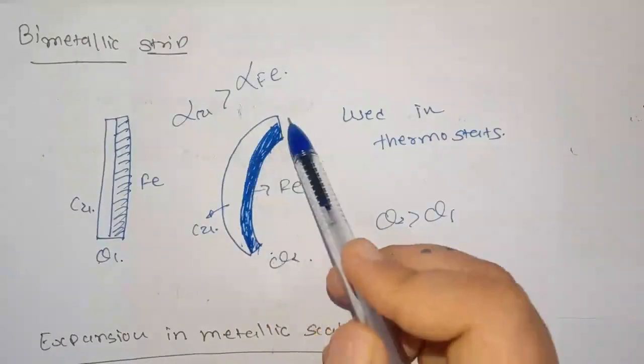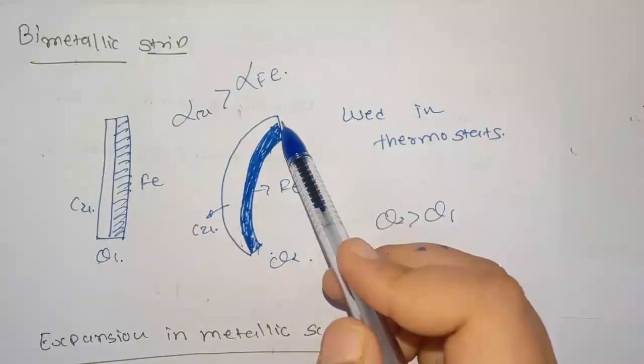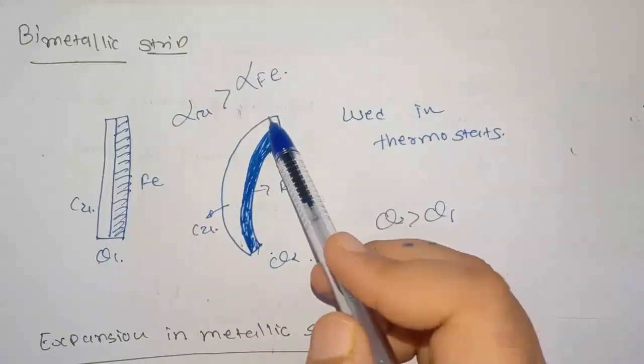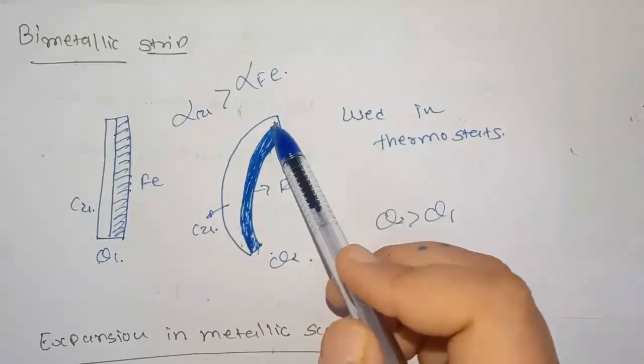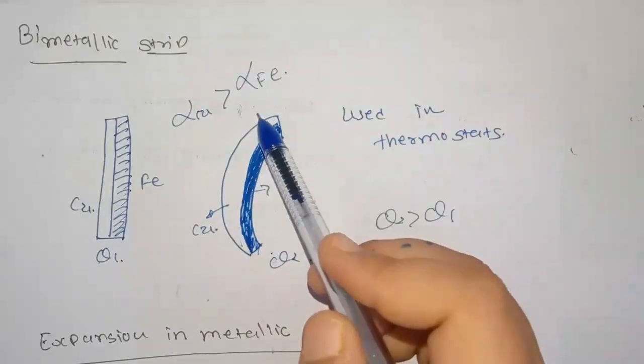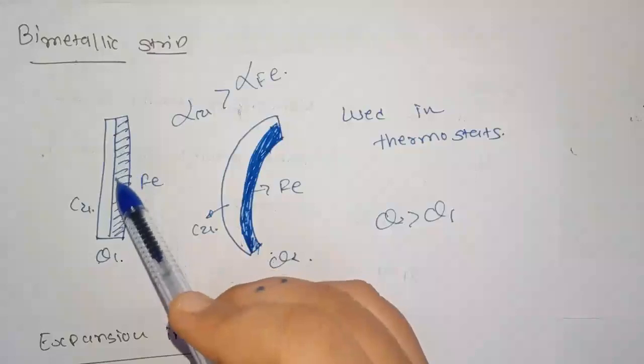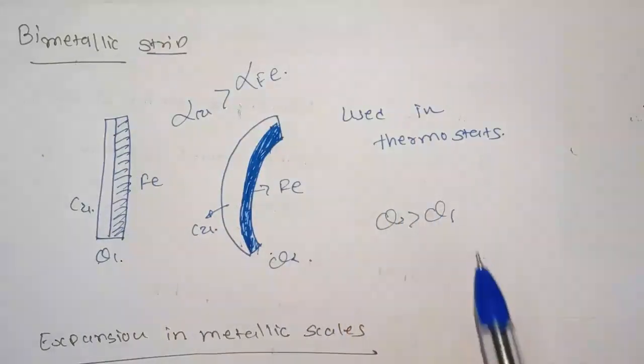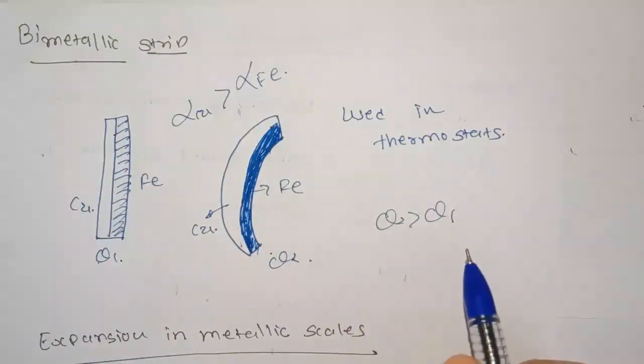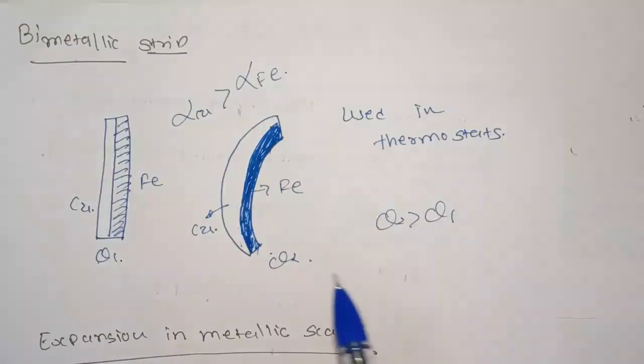So after that the heating will stop. Now again this will start contracting, or the temperature will start decreasing. So again it will come to the same position. So in this kind of automatic temperature control, these bimetallic strips are used.